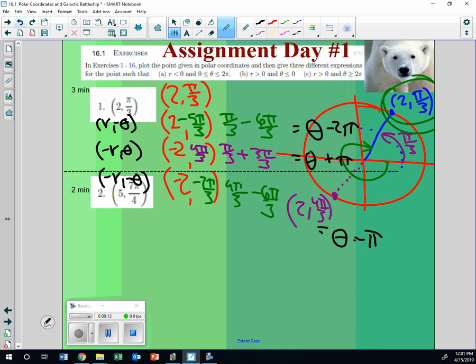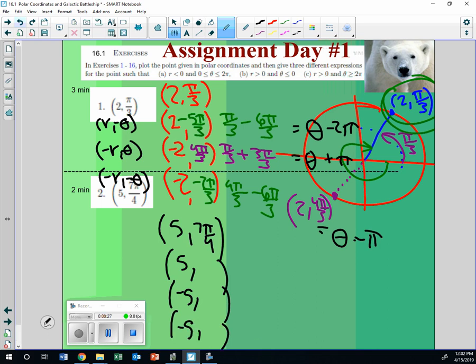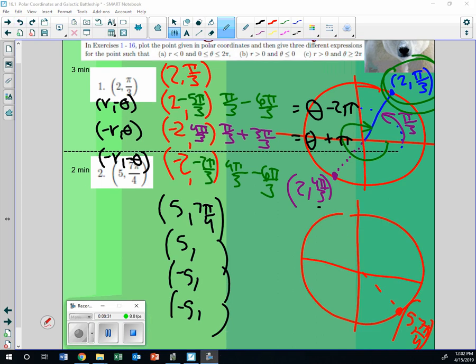Let's see what you can do with number 2: 5, 7 pi over 4, then 5, negative 5, and negative 5. See if you can get these other 3 angles. Okay, so there's where 5, 7 pi over 4 is. 7 pi over 4 is this.